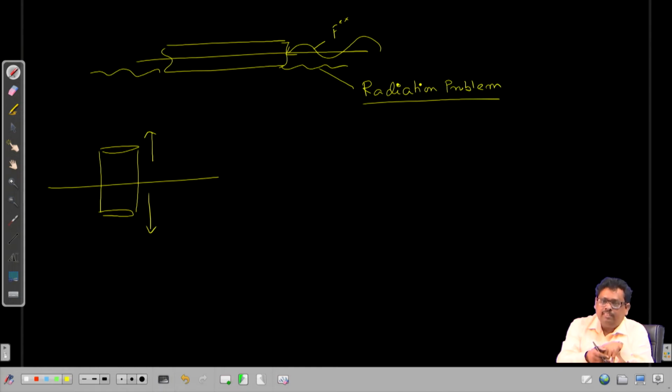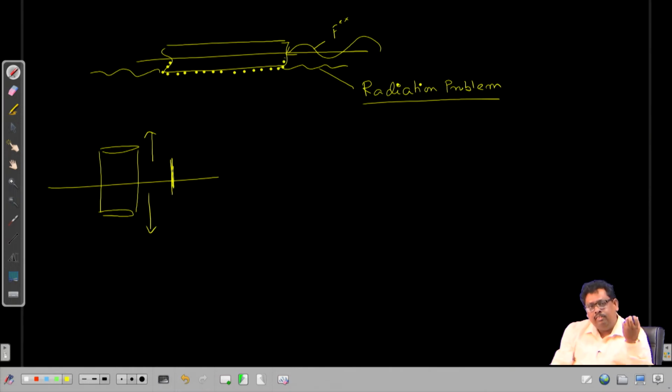And because this oscillates, again we have some pressure field along this body, and then if you integrate the pressure field, we will get the radiation force.